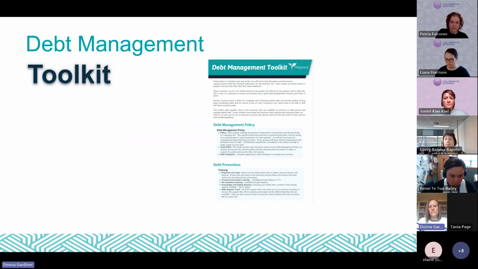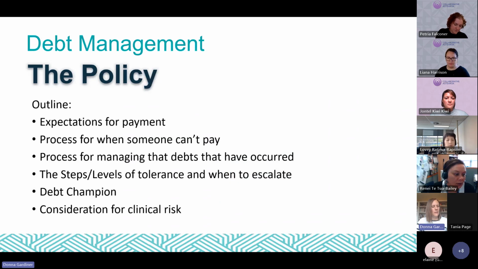So the toolkit, when we started working on it, split into two parts. One was the debt prevention side of things, and the second part was around the management of debt once it had occurred. We started off putting in some things about policy. We found that the practices that were doing really well with debt management had a good policy in place, and their processes were all written up so that the whole team was on the same page.